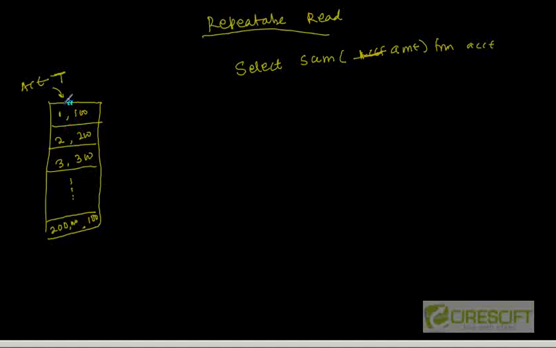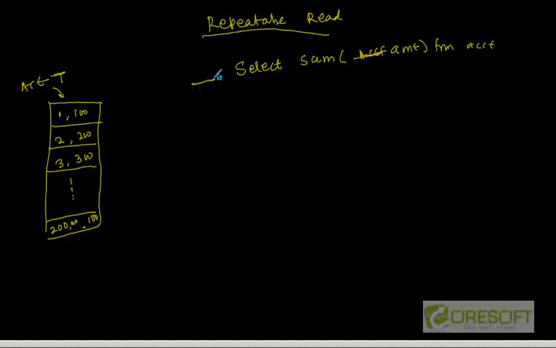Whenever we read from this data block, we are going to avoid any dirty reads. Also, we are going to avoid any non-repeatable reads. That means if somebody has modified anything, then we need to avoid it.